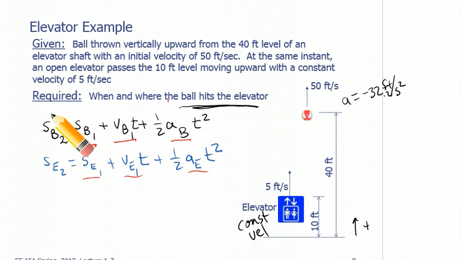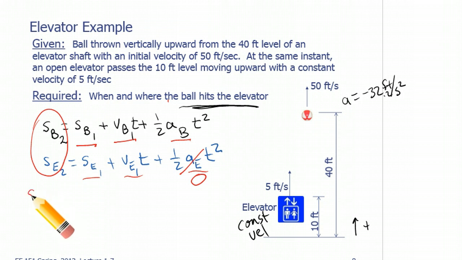We do know that we want to find the time at which those two values will be equal. So writing two equations like this, we can set them equal to each other and solve for the one unknown value, t. Alright, let's do that quickly. The acceleration of the elevator is 0, so that term will drop out.